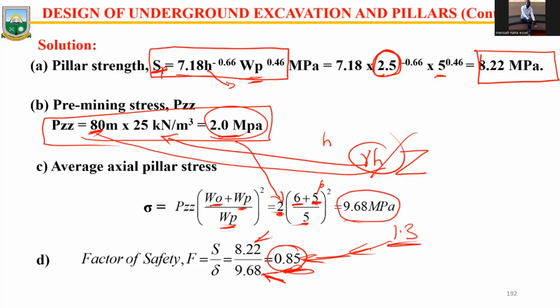That's 11.52, right? Yes, please. Okay, so if we increase the pillar width, we are going to get 12 divided by 5 to the power 2, and that was 5-2. 11.52.